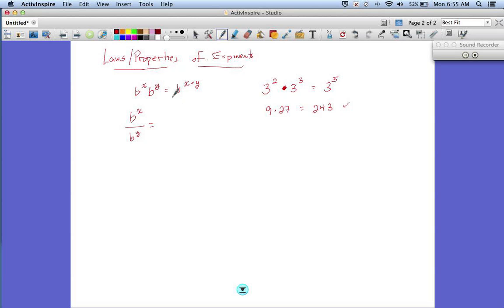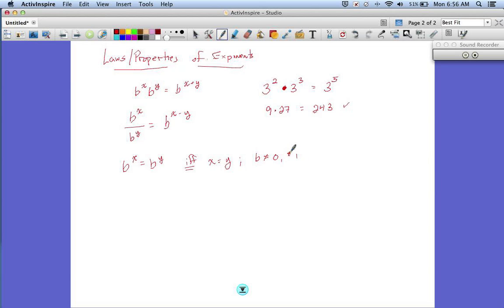Well, it stands to reason that if multiplication results in adding the exponents, then division will result in subtracting the exponents, and it'll be the numerator minus the denominator. Okay, b to the x equals b to the y is true if and only if x equals y. And a couple other side notes here. b cannot equal 0 or plus or minus 1.